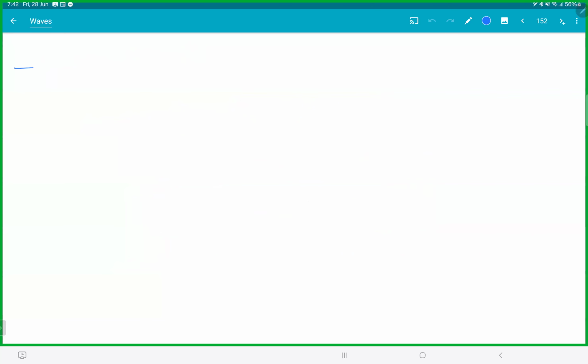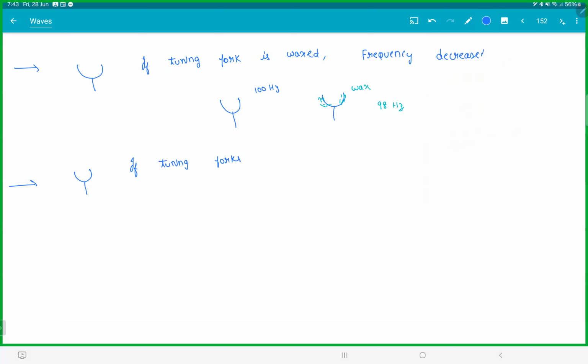If the tuning fork is filed, you're making the prongs thinner, like when you polish your nails with a nail file, which we will not do normally because the tuning fork will be permanently damaged. The frequency increases. So this is a bad idea. So you can change the frequency of the tuning fork by making the prongs heavier or lighter.